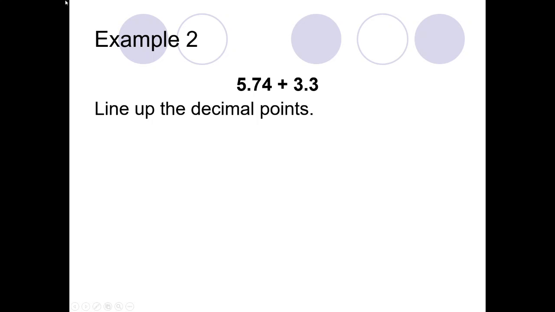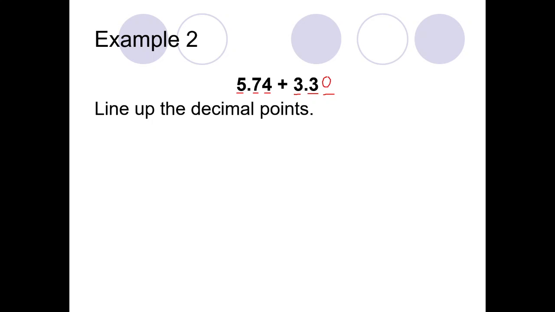And again, in this one, let me get my little paintbrush, a pen. So in this one, we've got 5 ones, 1/10, and 4/100, and here we've got 3 ones, 3/10. How many hundredths do we have?